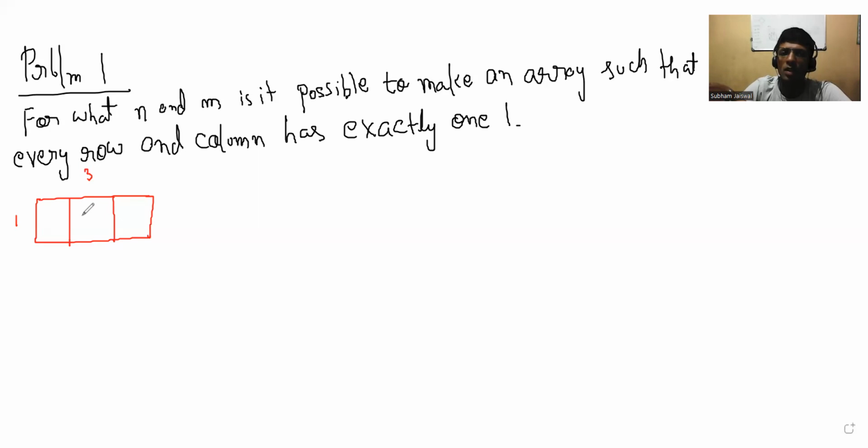If you have a 1 by 3 grid, you're only going to put zeros and ones, nothing else. It is certainly not possible, because there are 3 columns, and so how is it possible?